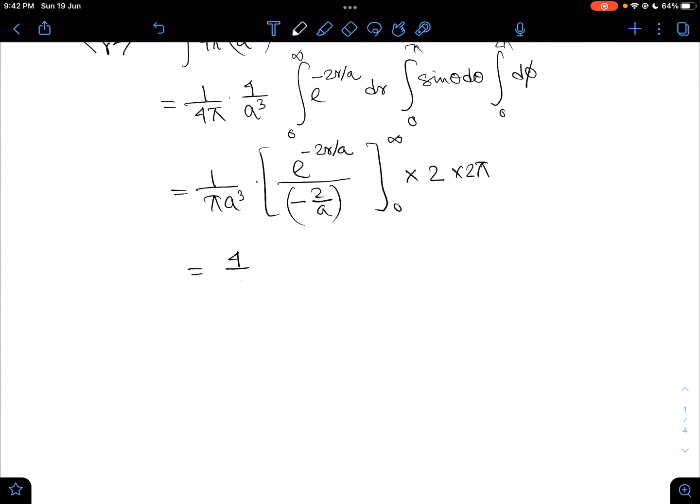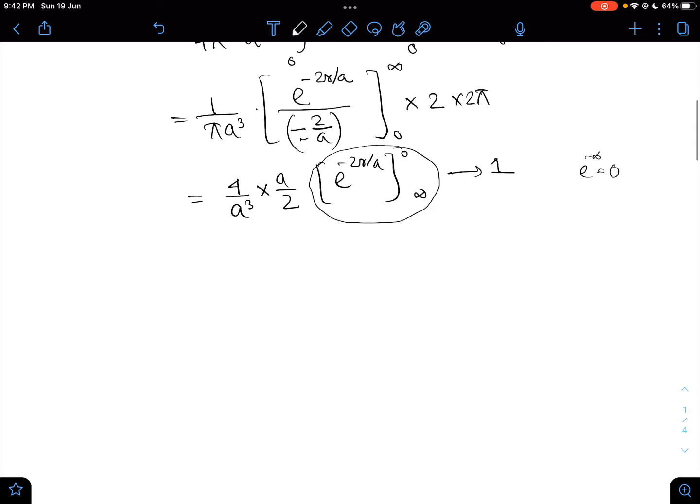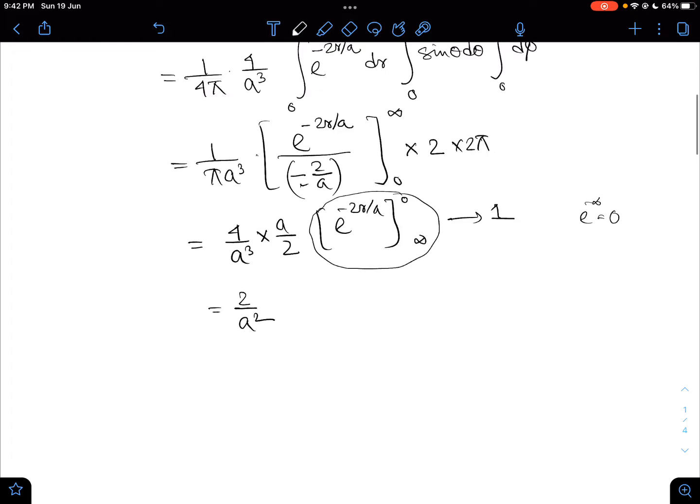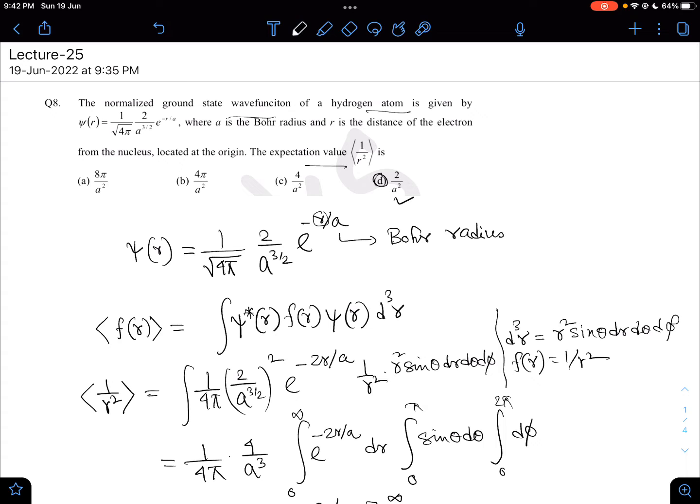We have 4 by a cubed into a by 2, and e to the power minus 2r by a, and due to this minus sign we flip our limit, so 0 to infinity. Now e to the power minus infinity is 0, so this simply gives us 1. So we have our value to be 2 by a square. So this is our result. Let us check. Yes, the correct option is option D.